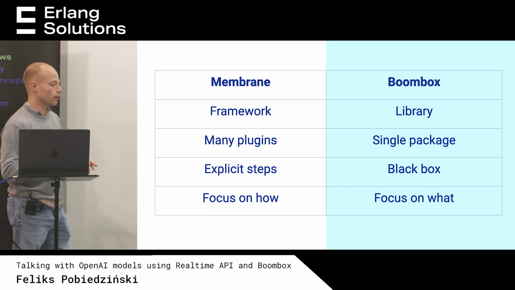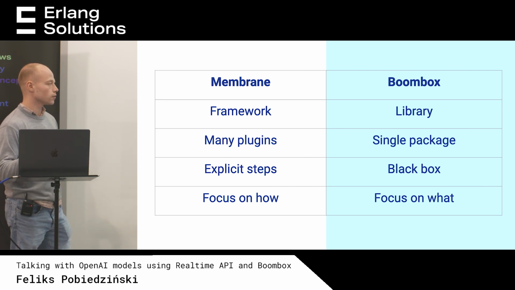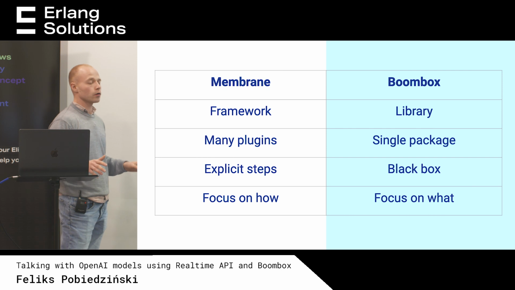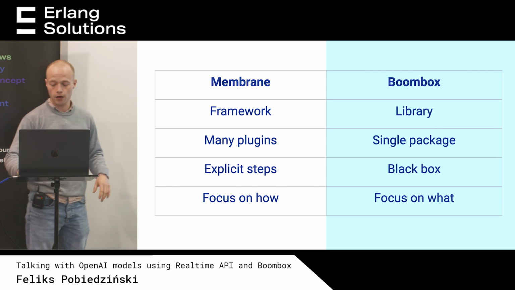There is some complexity that is put on the developer, who has to manage the pipeline himself. So Boombox is designed to remove this complexity, and the API is much simpler, much more declarative than in Membrane. It's supposed to work like this: you say what should be done, and then Boombox itself figures out what Membrane pipeline you need, and runs this pipeline.